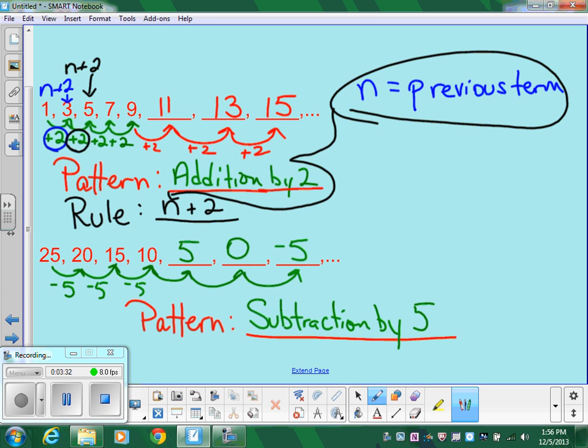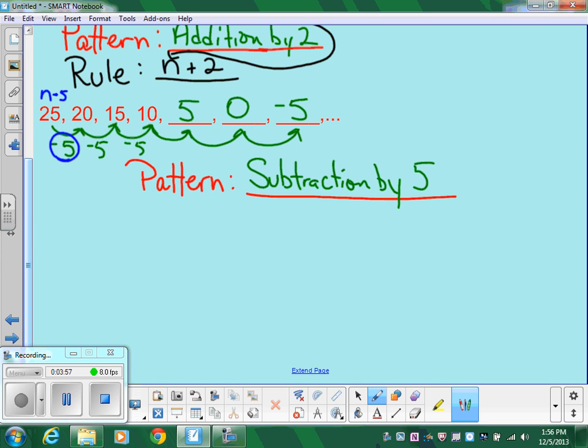Let's apply what we just discussed with N representing our previous term. If we put N to represent our first term, what operation did we perform in order to get to the second term? In this case, each time we are subtracting 5 to get to the next term, which means our rule is N minus 5.